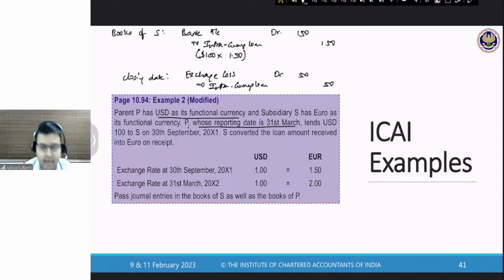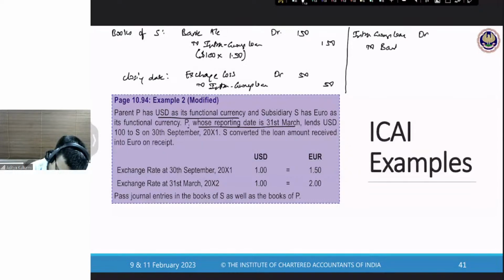So you will be recording this at 50 and 50. What about the parent? Parent will just pass intra-group loan debit to bank 100. It will pass the entry at 100.